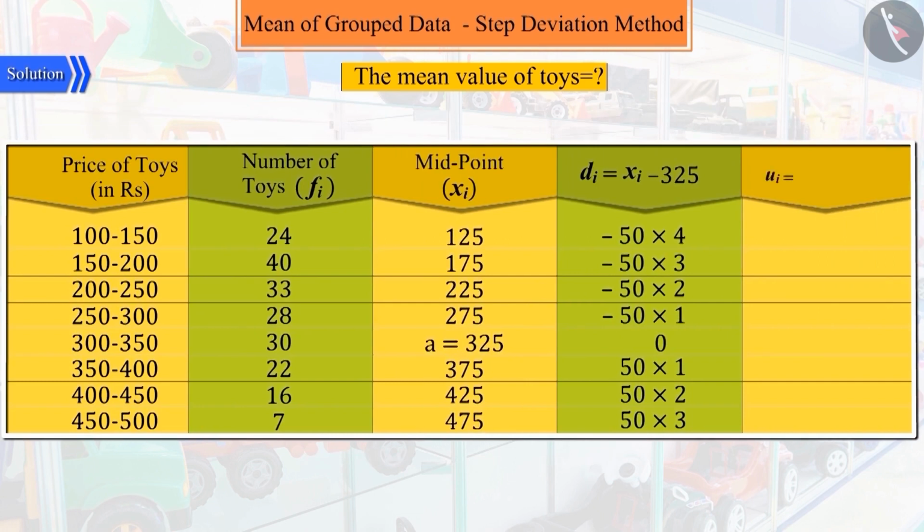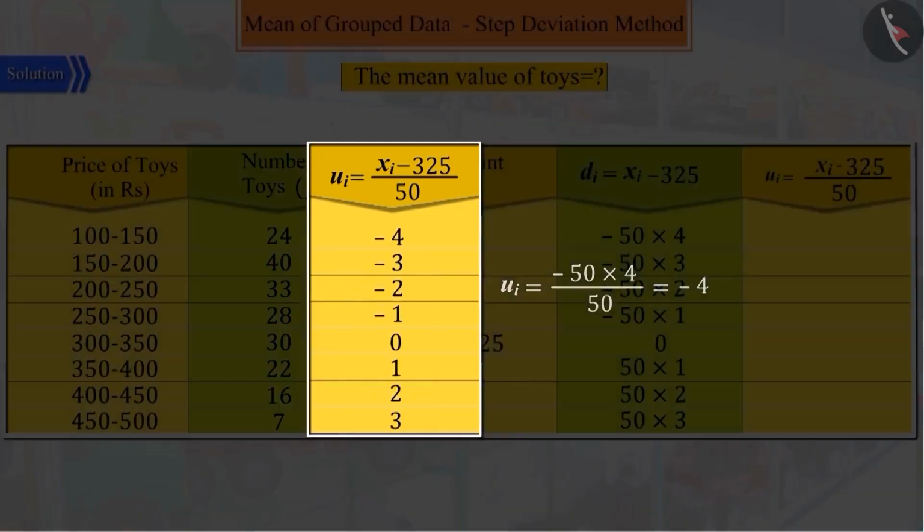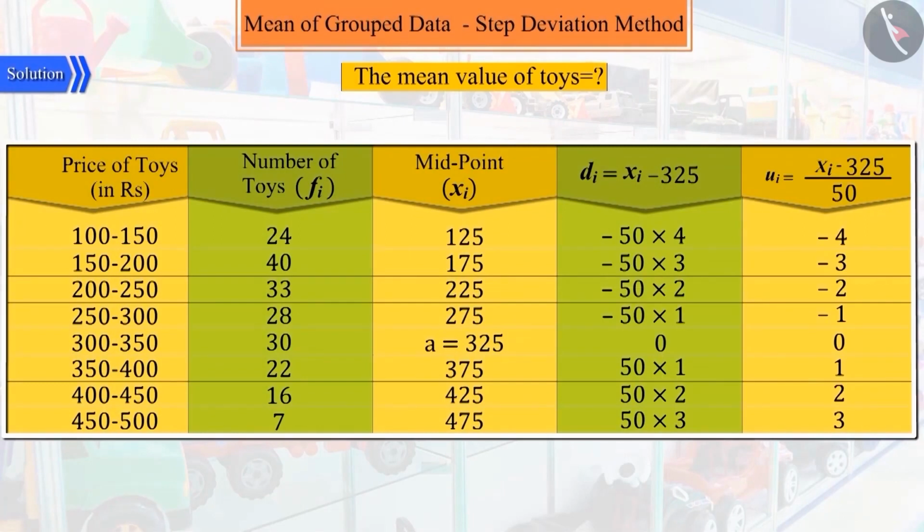Suppose ui equals (xi minus a) by h, where a is the assumed mean and h is the class size. From which we calculate all the ui and construct a table.